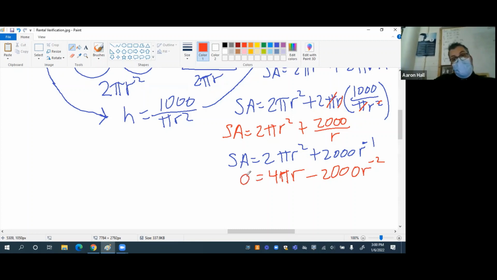Using one of our laws of exponents gives us this. How do we solve for r?